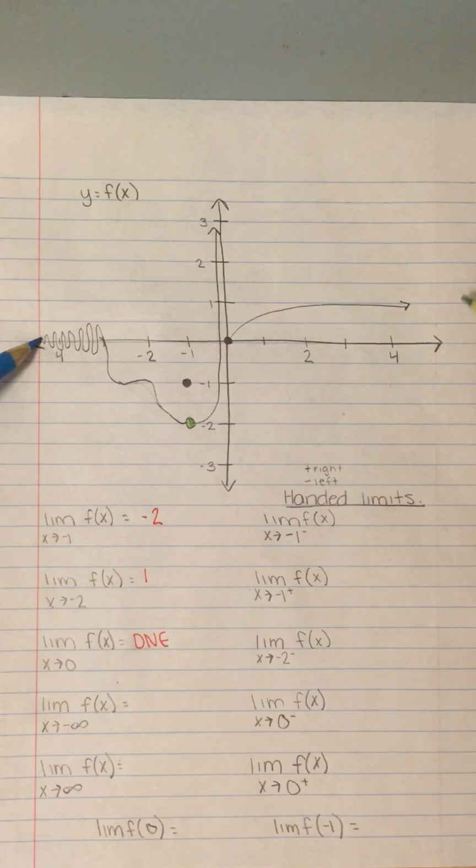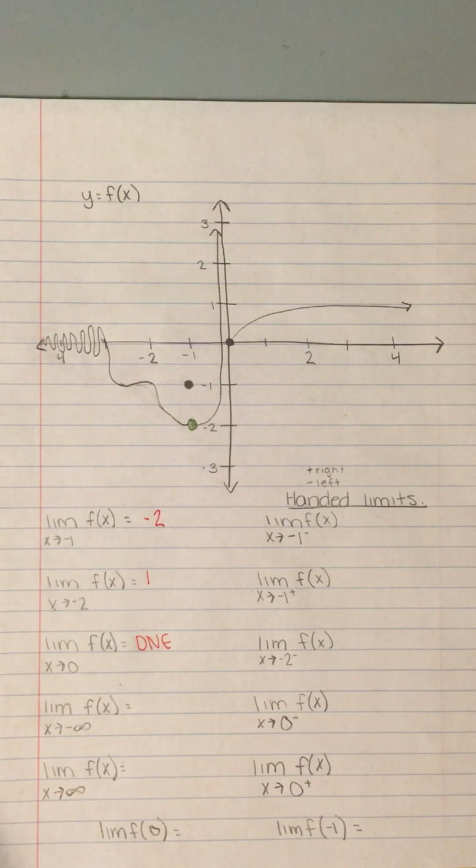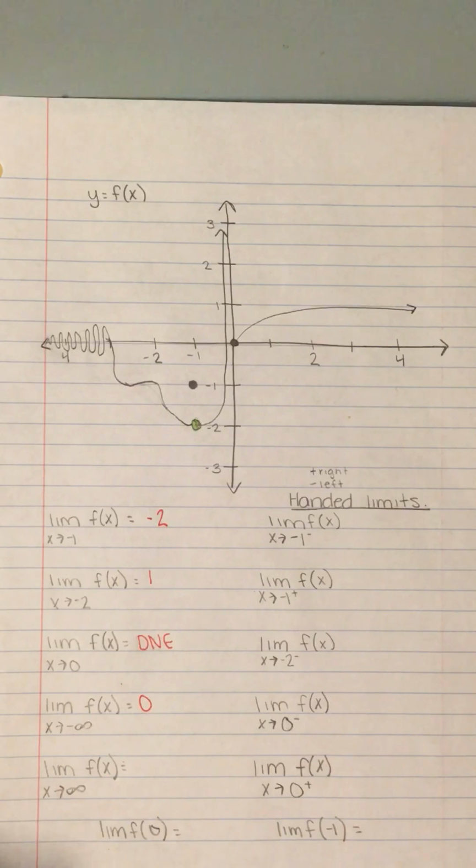It's fluctuating, but it's getting closer and closer to that point. Therefore, the limit as x approaches negative infinity of this function is actually 0. Because it is approaching that line, it's fluctuating over and under it, but the points are getting closer and closer to 0.